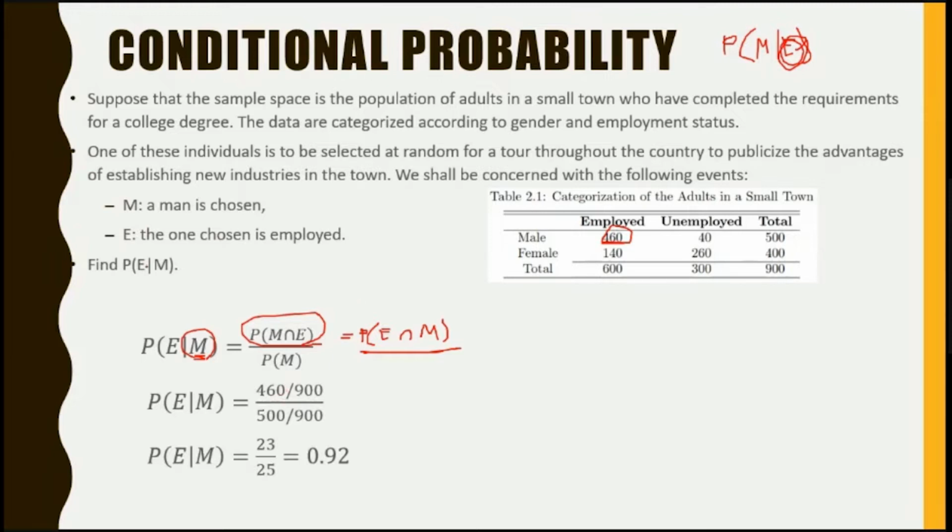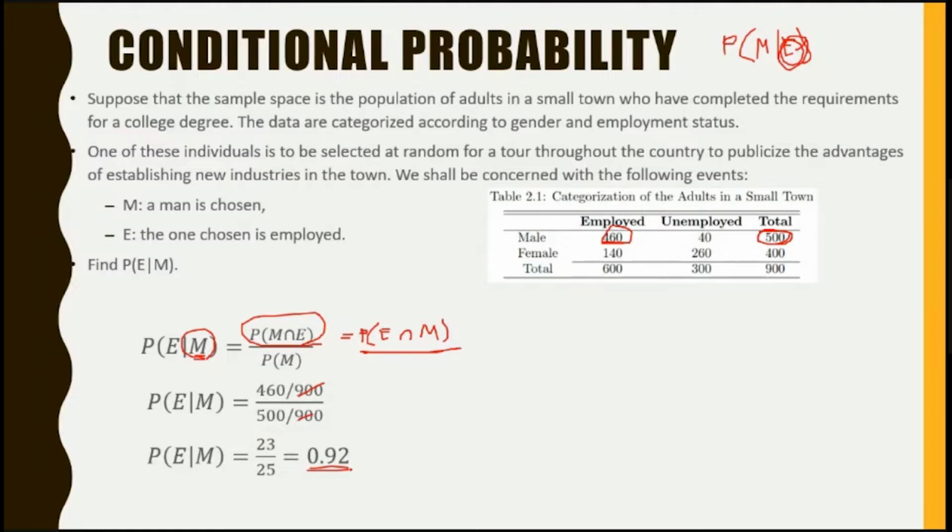Because in the given condition it says that given that the person is a man, so the total number of males is 500 divided by 900. In the same process, cancel 900 out, simplify the remaining values, and you'll get 23 over 25, or exactly equal to 0.92. So this is how conditional probability works.